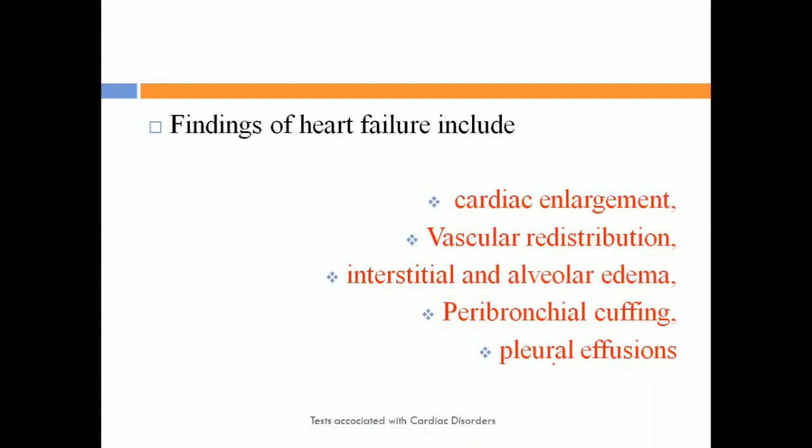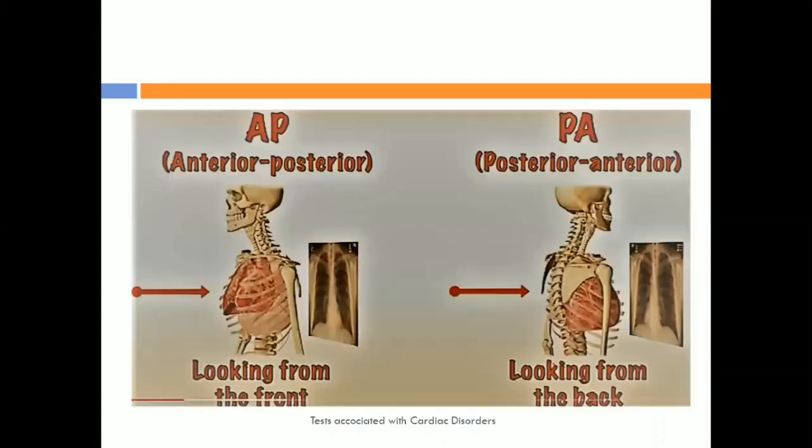First, we have to know how to read an X-ray, what the different positions are when taking an X-ray, and how the chest X-ray will appear based on those positions. We have to know about these 3 conditions before reading about chest radiography or chest X-ray. In this image, we have AP and PA.